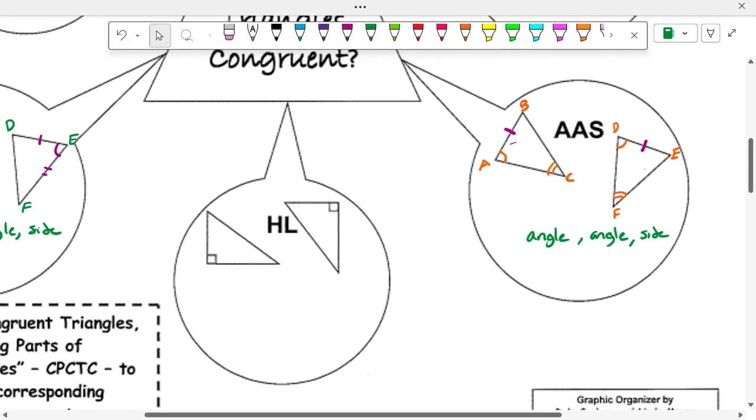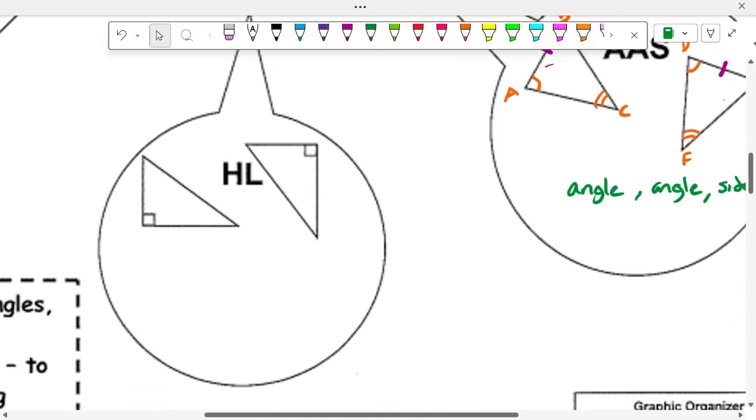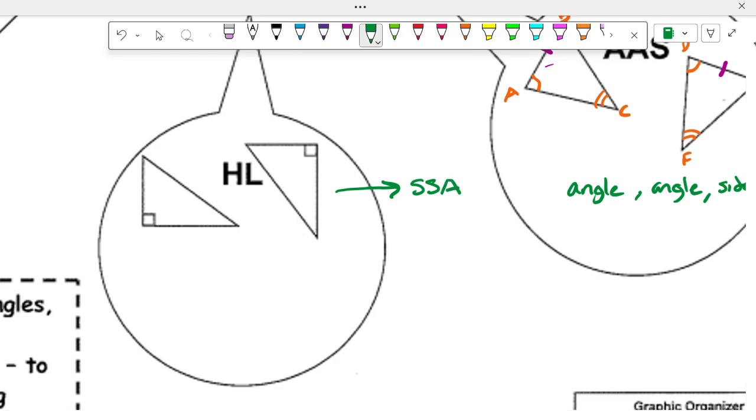And then lastly, hypotenuse leg. Hypotenuse leg is the only form of SSA that works. All right, because I typically say you don't want that in class. The only way it works is if it's a right triangle. So typically this means you cannot prove that the triangles are congruent. The only way you can is if it's by hypotenuse leg.